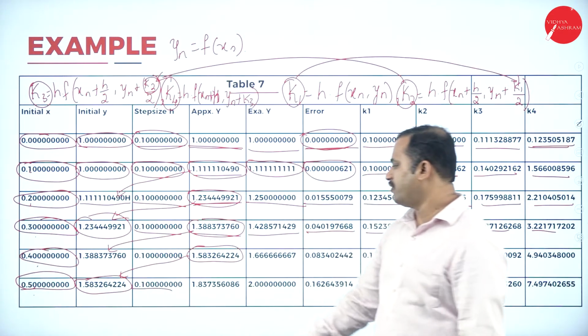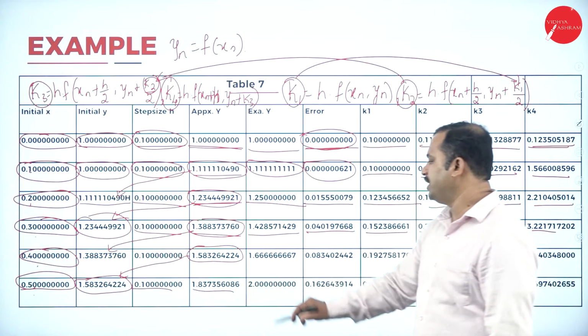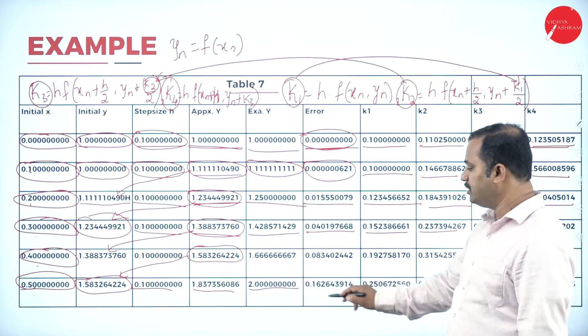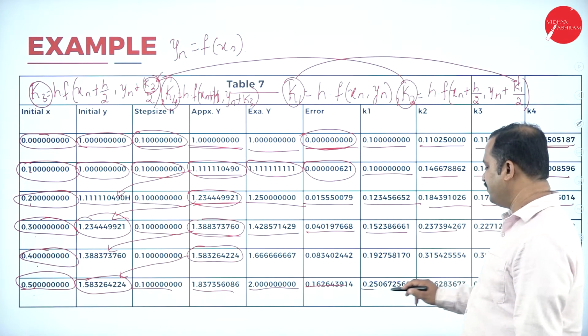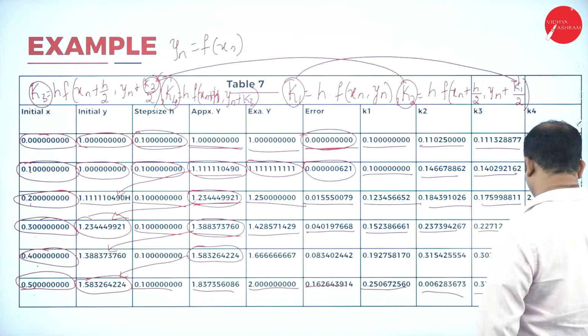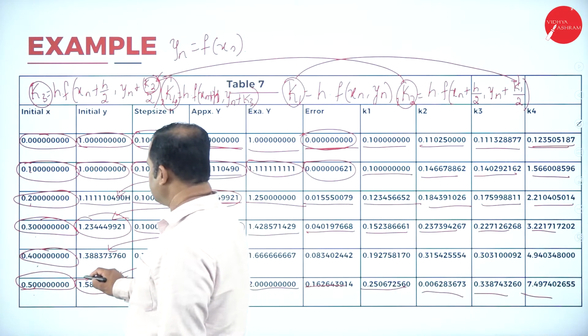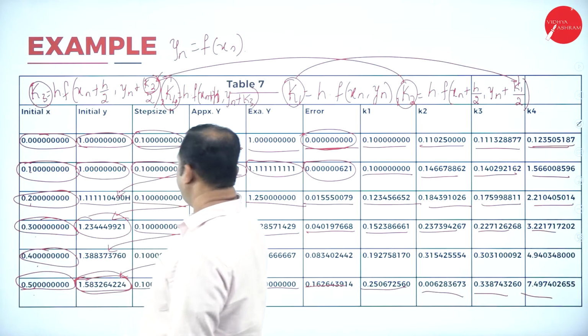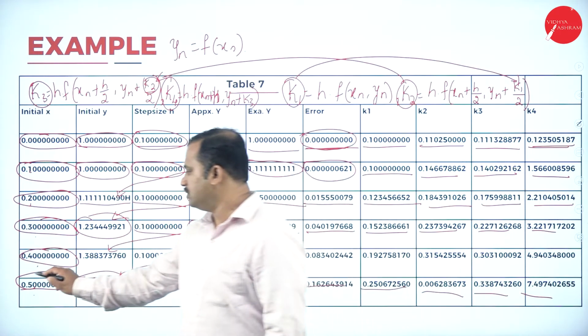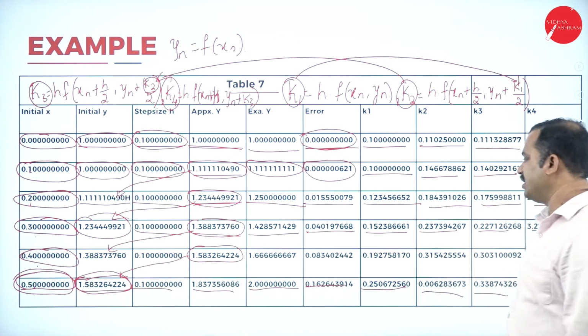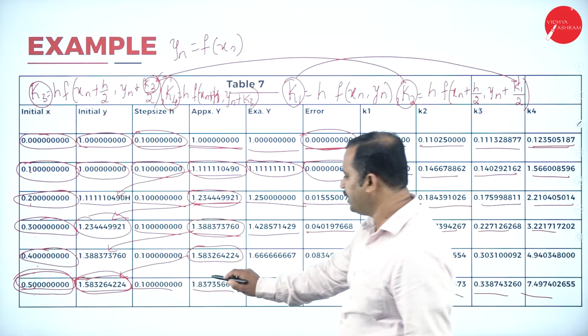Then the step size of 1 is considered, approximate y. Then we have an exact y there, then error rate, then we have k1, k2, k3, k4. This gives me the values of this. So this is my value and this is my xn and yn. For xn and yn, what is the value I have obtained?